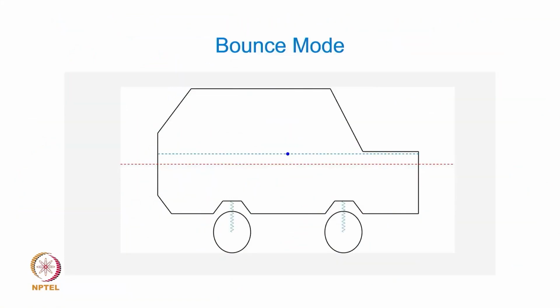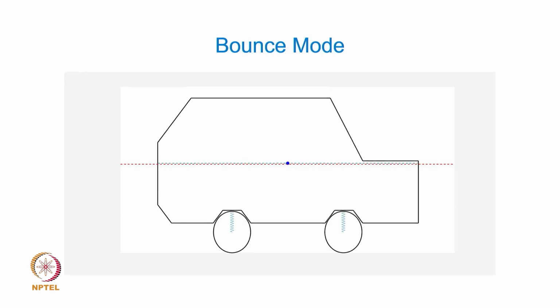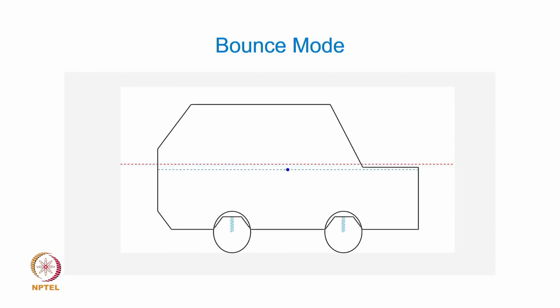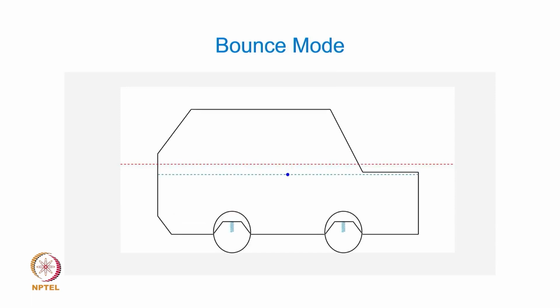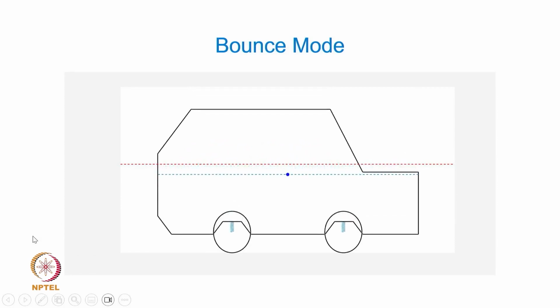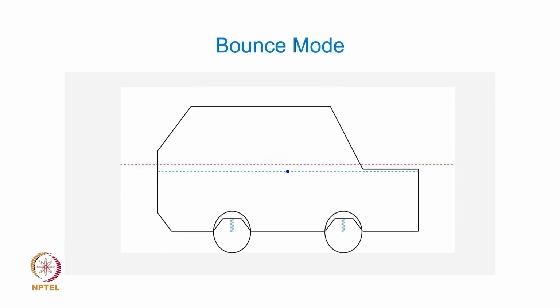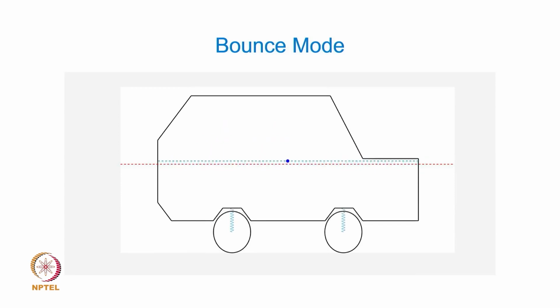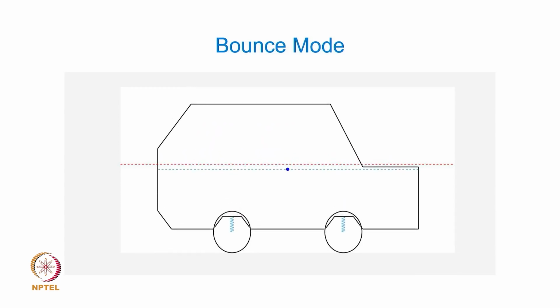How does that look? We have an animation here which will give you a pure bounce, only X happening, no pitch motion. The suspension springs are being stretched and compressed, and the period of this motion is going to be P1.